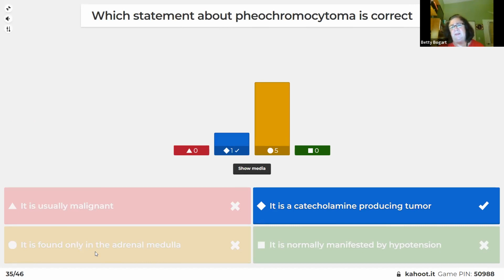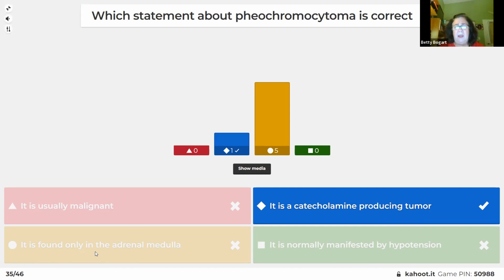And usually we have to stick them on those 24-hour Holter monitors to find these little tachydysrhythmias that are going on. But it's what we call a catecholamine producing tumor from the adrenal gland. And catecholamine means everything up, up, up, up, sympathetic, right? Heart rate up, blood pressure up. And what we need to do is go in there and remove it once we determine.